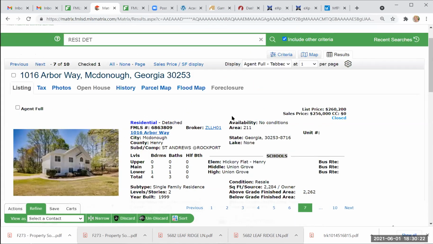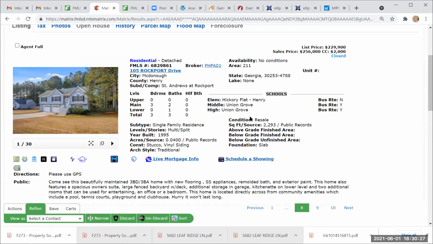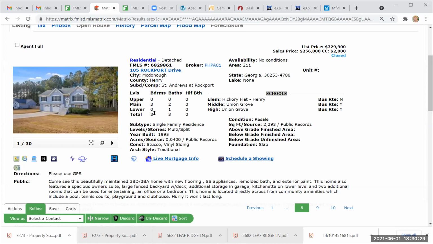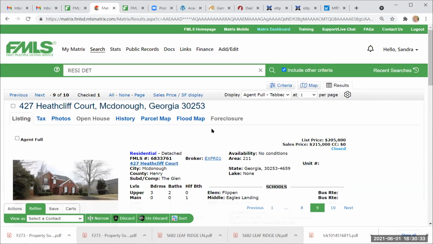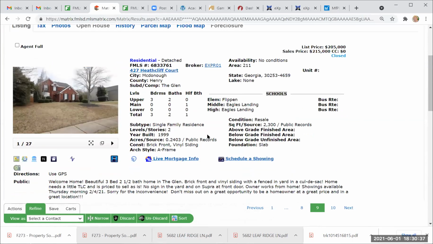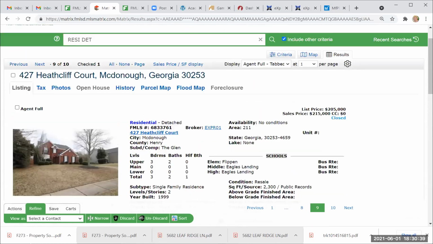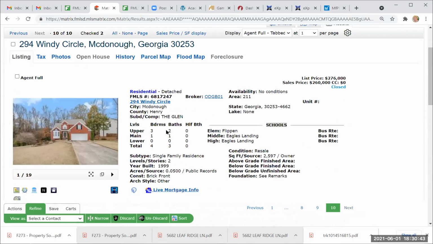Let's keep that one. These are all 2-story. She's a 1-story. But that doesn't matter a whole lot, I guess. Well, yes and no. Let's see what we end up with. 2,300. No basement. I'm going to get rid of that one. I don't like the size. 2,500. I'm going to get rid of that one.